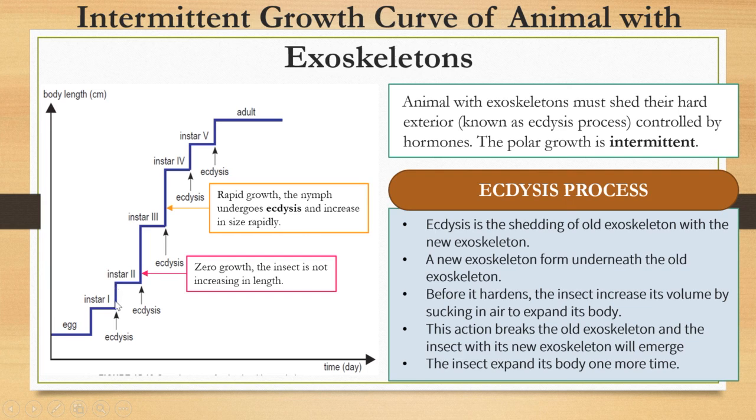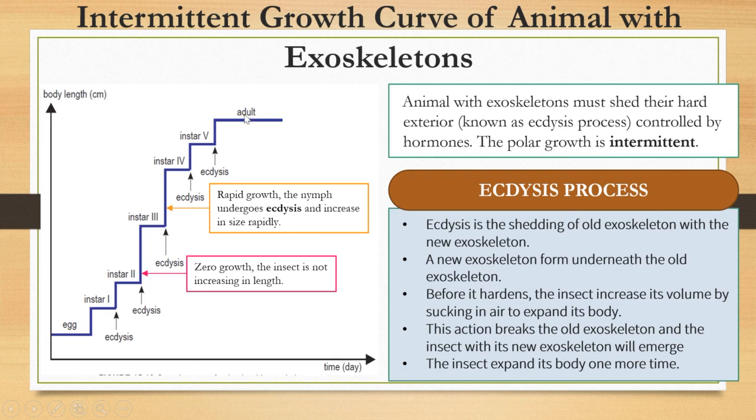There are a few instars here: instar 1, 2, 3, 4, and 5, and then it becomes an adult. There are five ecdyses during the nymph stage, which means this insect will shed its skin five times to become an adult insect.